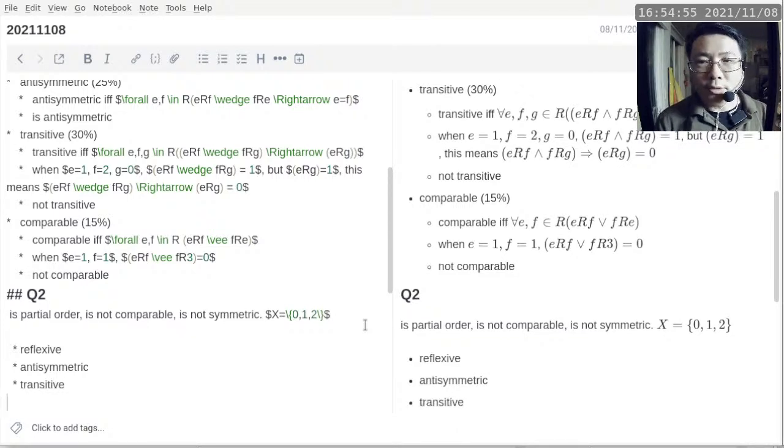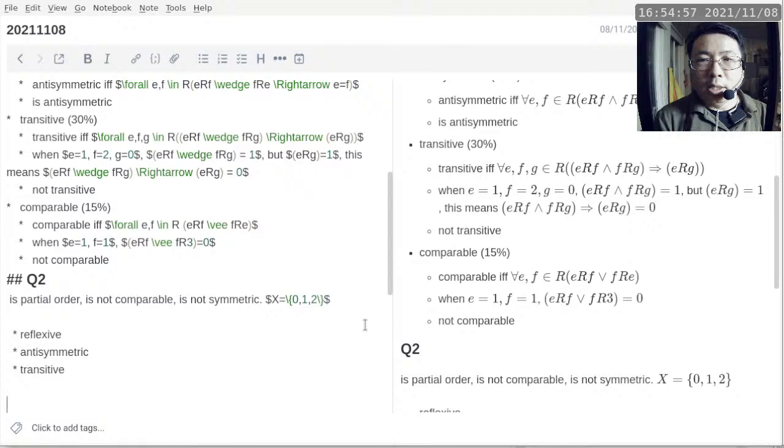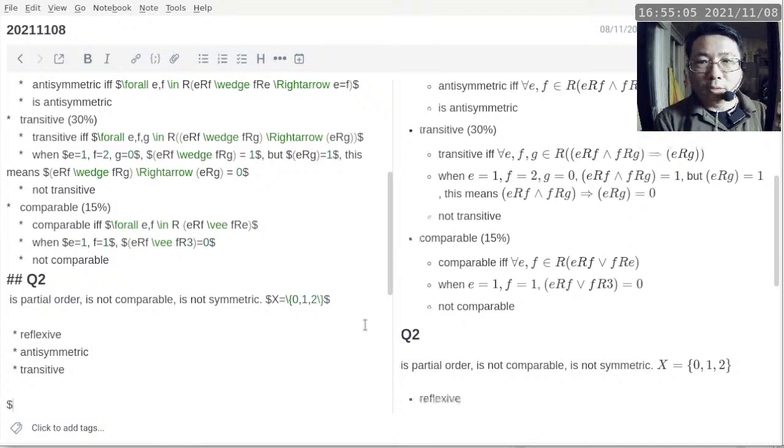Now you look at these three and ask, how am I going to make this happen? Being reflexive means you have to have 0, 0, 1, 1, 2, 2. Those are required just because of being reflexive.